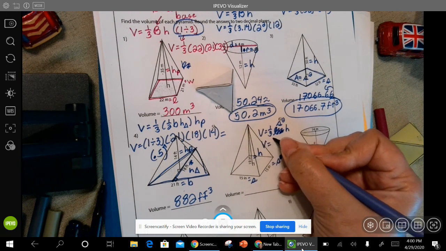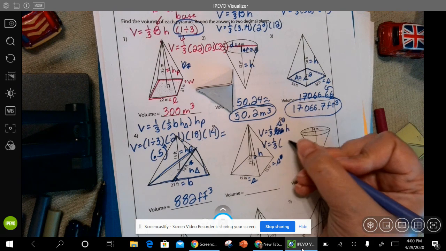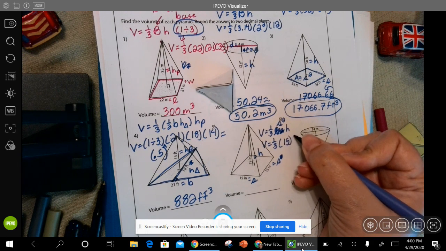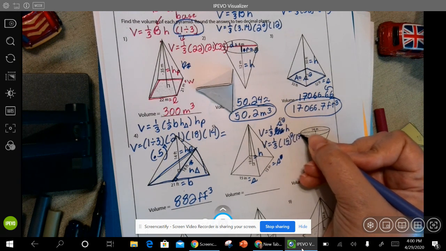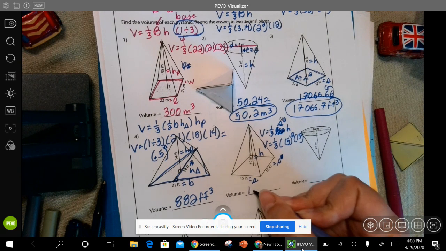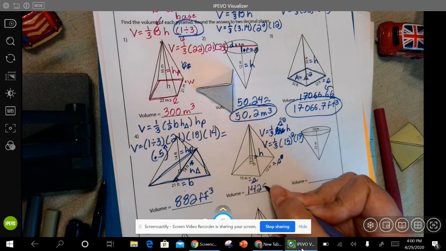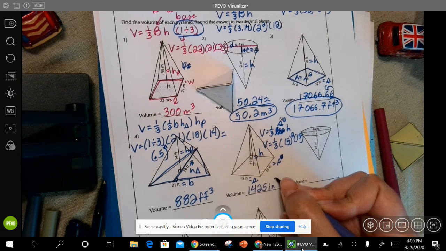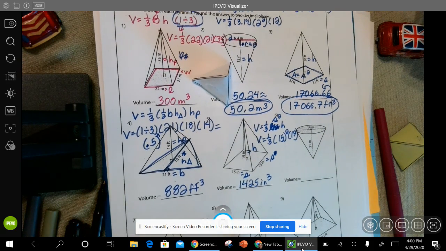So volume is going to be equal to 1/3 times 15 squared times the height, which is 19. Okay, so we got 1,425 inches cubed. Okay, so it's going to be cubed.